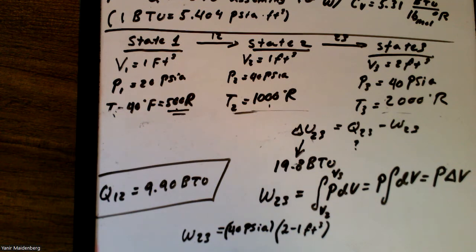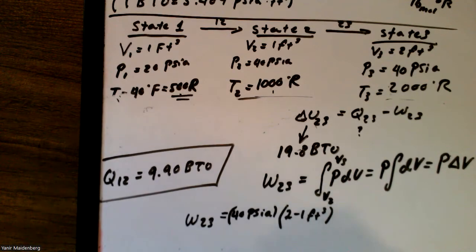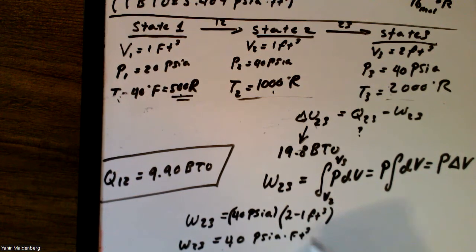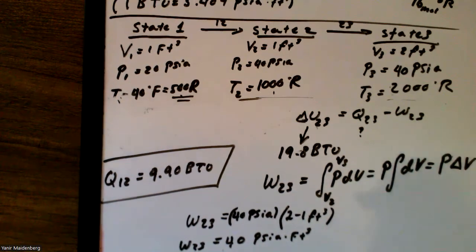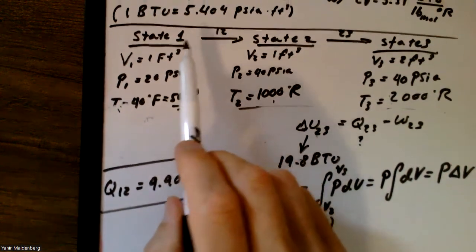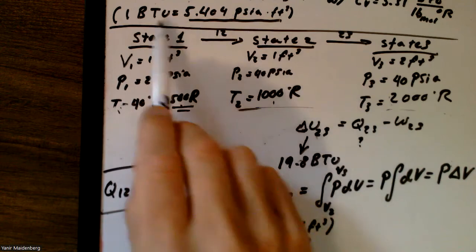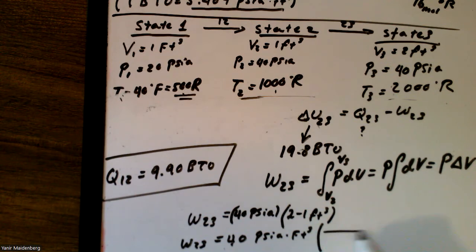And so that obviously just becomes 40 PSI foot cubed, which is not BTU. Unit wise, this is an energy equivalent, but that's not a standard unit. So we're going to have to convert this thing to BTU. Luckily, in the question, I gave us what that is. So we know that 5.404 PSI foot cubed is equal to 1 BTU. That's nice.